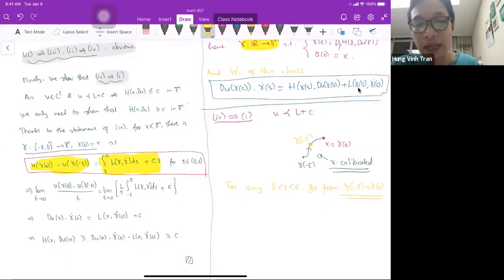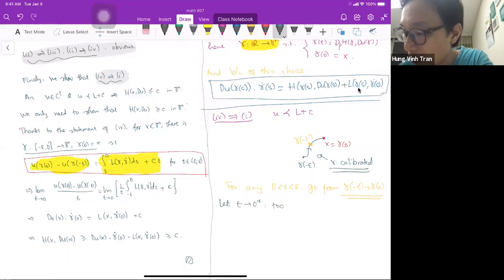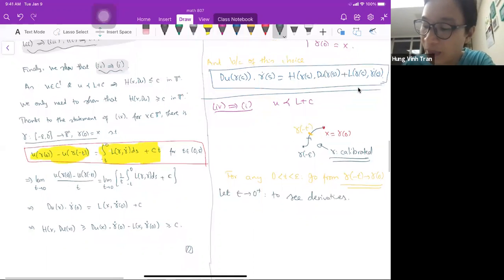So if I can vary t, I'm just going to let t go to 0. I take the left hand side divided by t equals the right hand side divided by t, and then we let t go to 0.